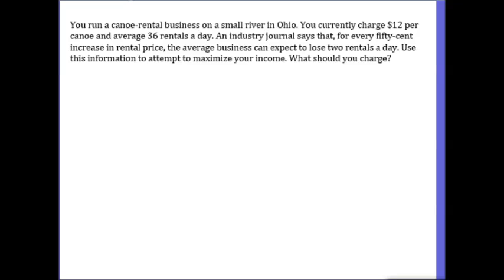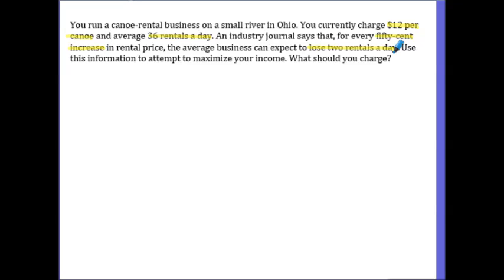All right, you became a businessman or woman and you run a canoe rental business on a small river in Ohio. You currently charge $12 per canoe and average 36 rentals a day. An industry journal says that for every 50-cent increase in rental price, the average business can expect to lose 2 rentals a day.